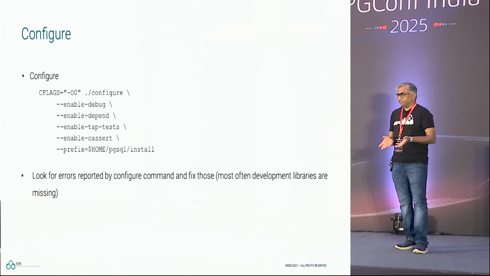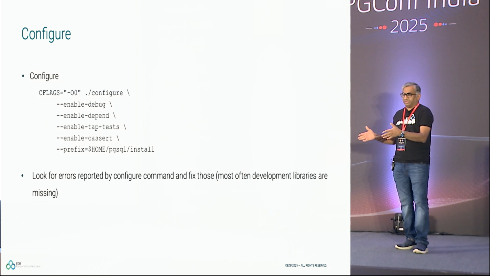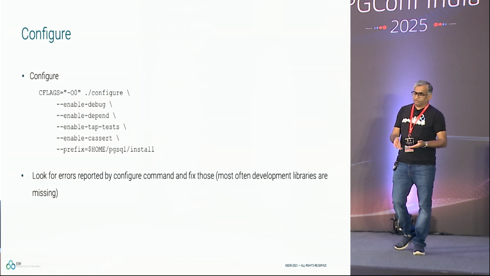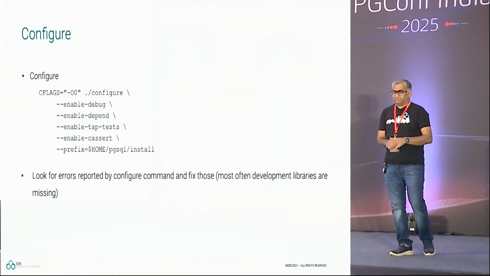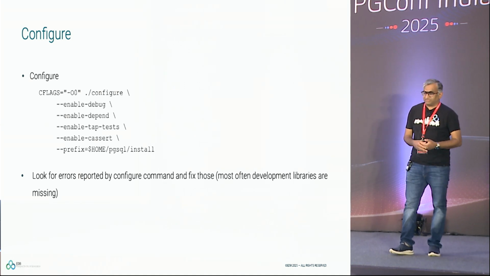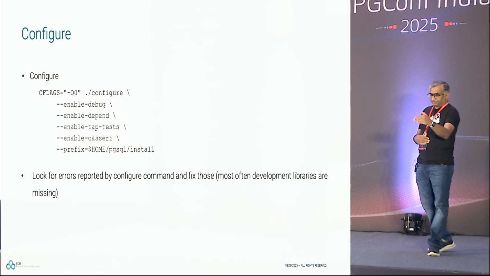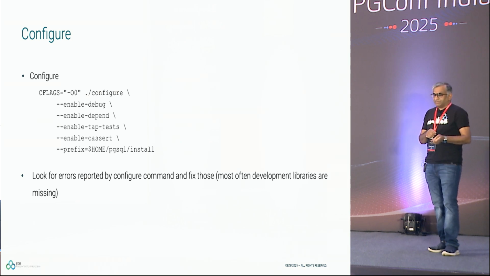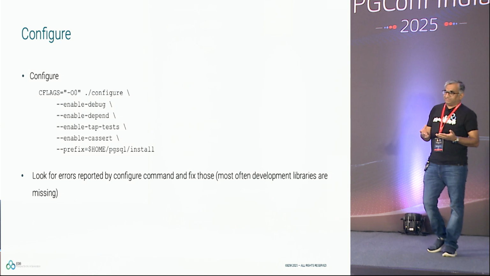I personally have never used it. It's running in parallel with configure. Maybe over a period of time Meson would replace configure in Postgres too, but I still use configure as the basic thing. Configure provides you n number of options. You can tweak things at configure time, but for starters I think this is what you want to do.